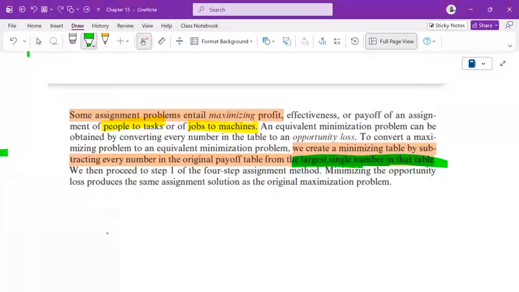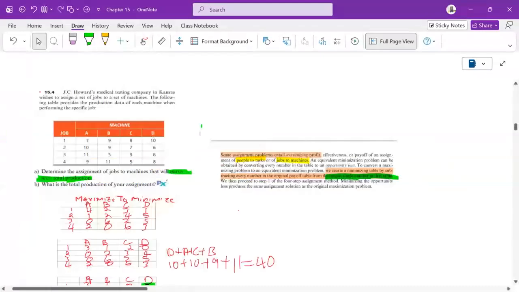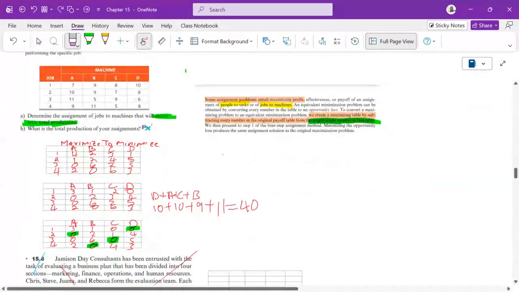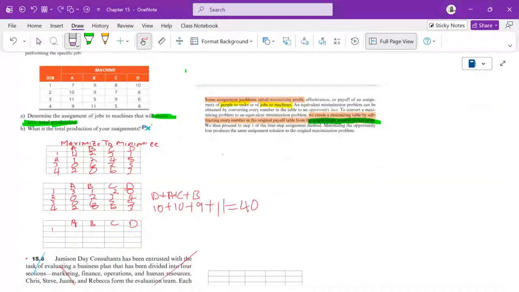Okay, sharp. Let's do this practical. It will always have 3 tables like this.